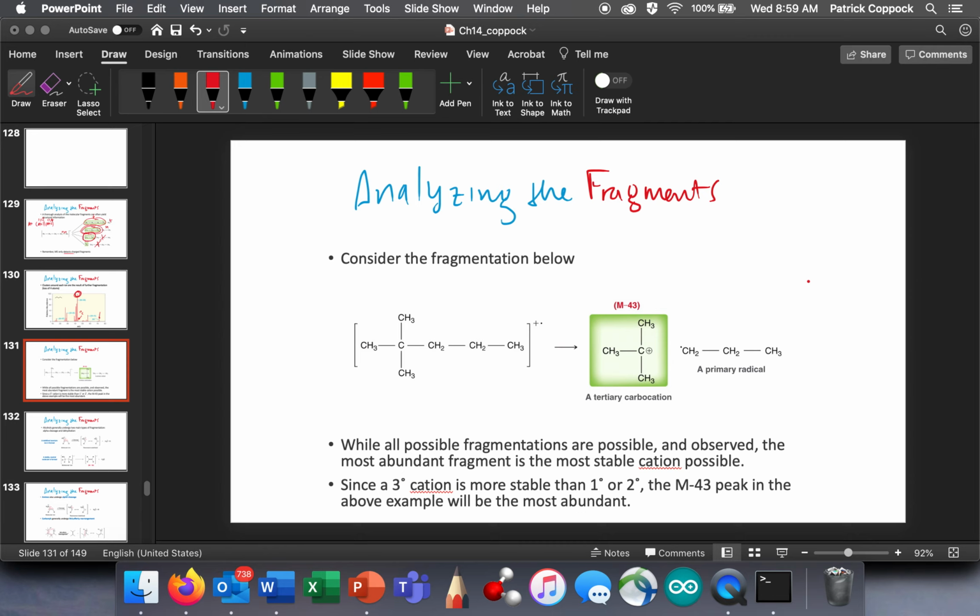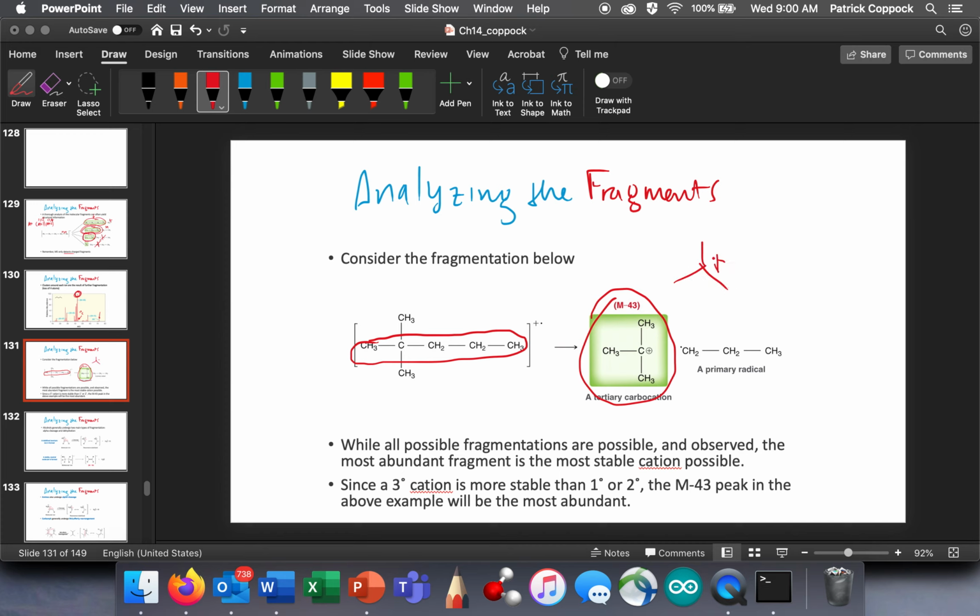All right, so we also get fragmentation of other things, of course. Look at this one. Suppose we have some compound. It looks like it's 2,2-dimethylpentane, right? Can you see there's my pentane? Right, 2,2-dimethylpentane. So if this breaks up, then we're going to get different things. So here's one with 43. There's a tertiary carbocation, which happens to be very stable because it's tertiary. All right.